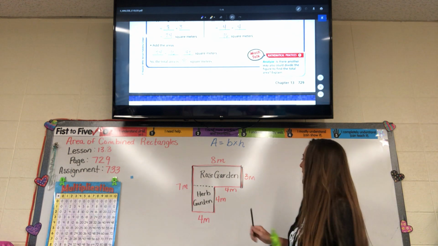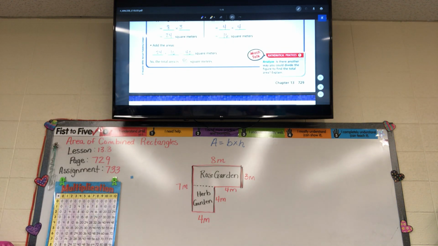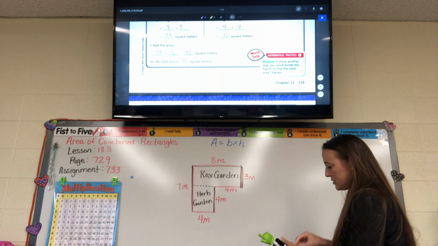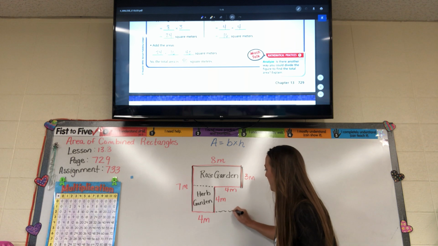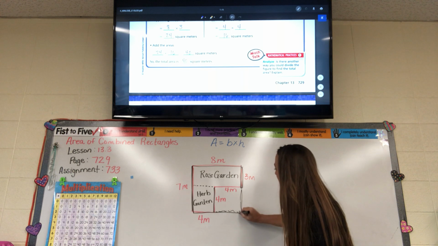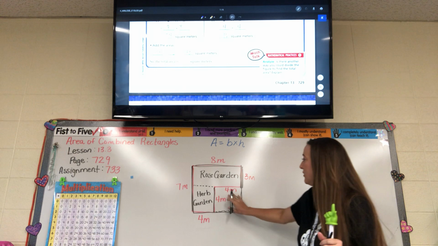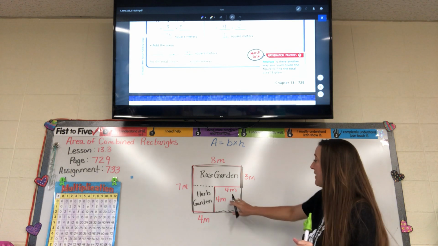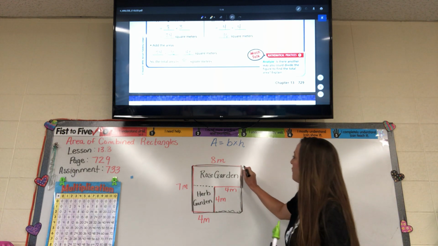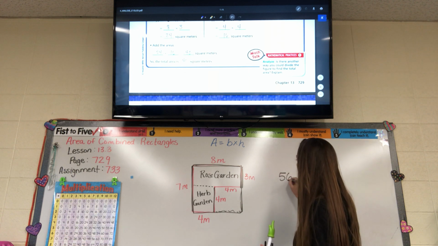Is there another way that you could figure out the area of this garden? Could we find the area of this entire garden, including this missing piece, and then find the area of the missing piece and take it away? So if we go, okay, 8 times 7 is 56, right?